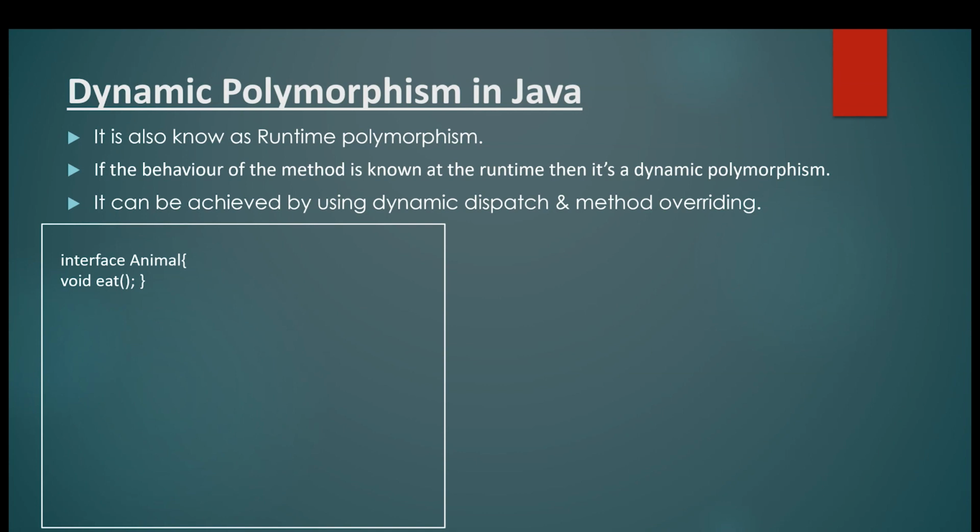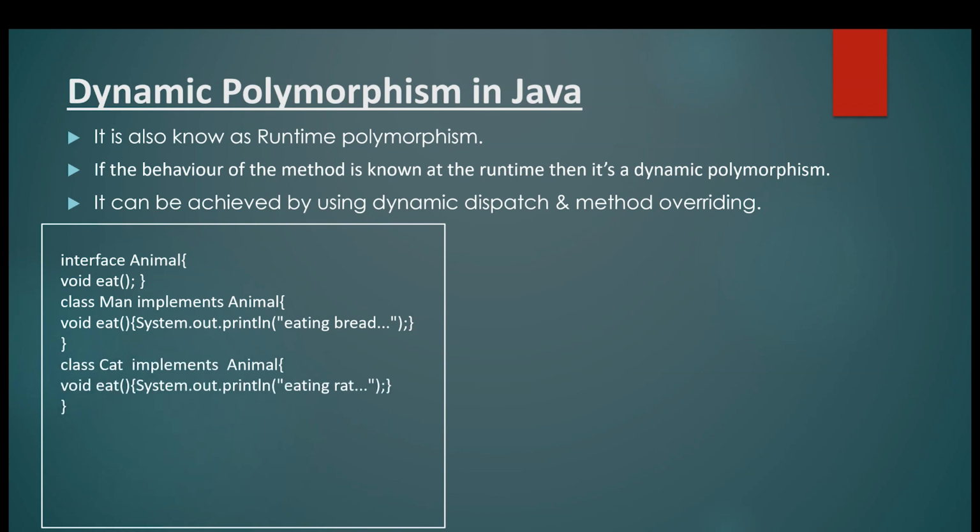Let us say we are writing a class Man that is implementing the interface Animal, and it is trying to override this eat method. And we are printing only eating bread, because man eats bread, right? Now, let us say we have a different class called Cat, and it is also implementing Animal. Cat usually eats rat, right? So the purpose of the eat method here is to print eating rat.